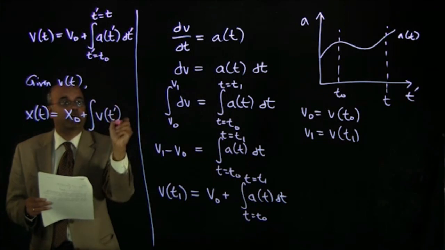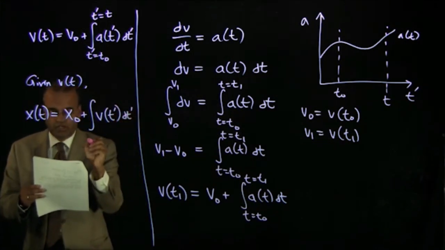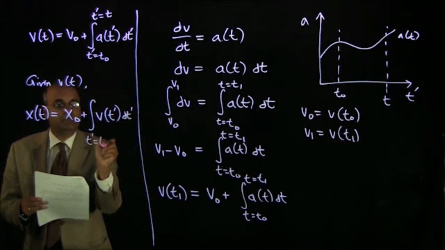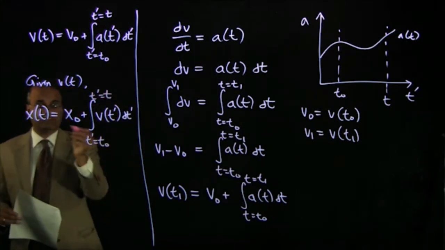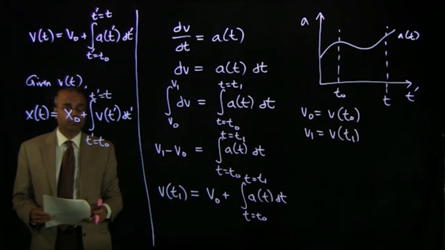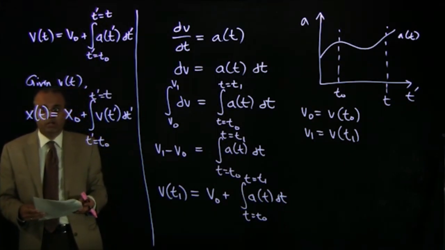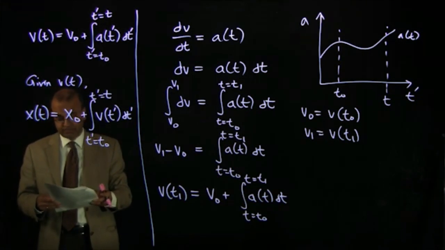I'll write this as v of t prime dt prime, going from t prime equals t naught to t prime equals t. So this is exactly analogous to how we computed velocity from acceleration. By integrating a second time, we can go from velocity to position.